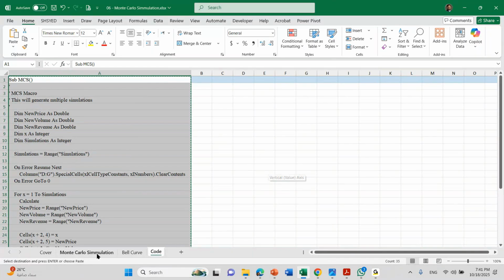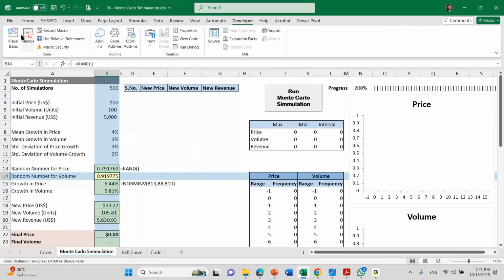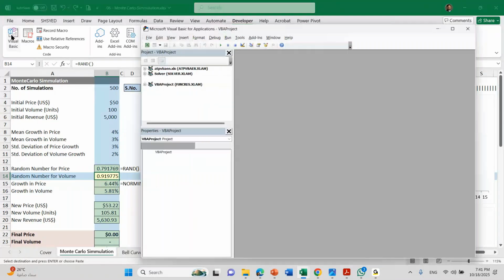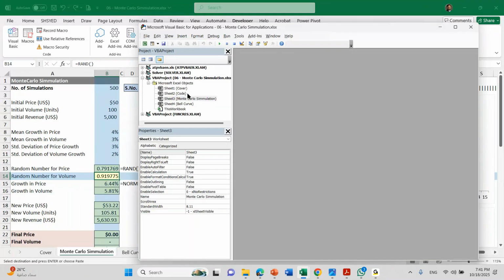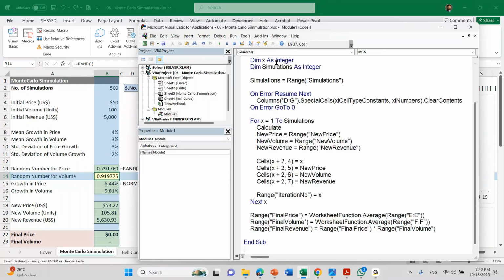I go back to my simulation. I will open the developer tab, enter Visual Basic, and I don't have any VBA module. If I just insert a VBA module here, and this is module 1, I'm just going to paste the code here.